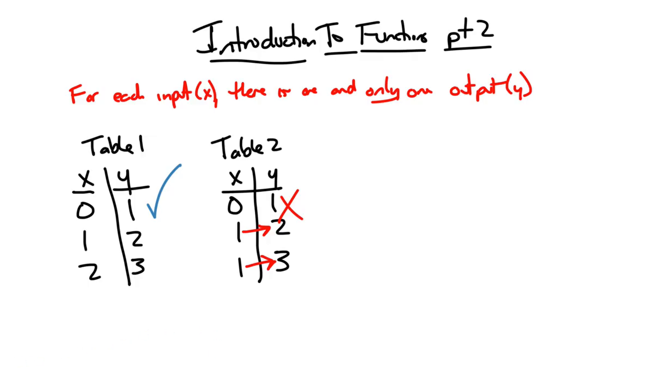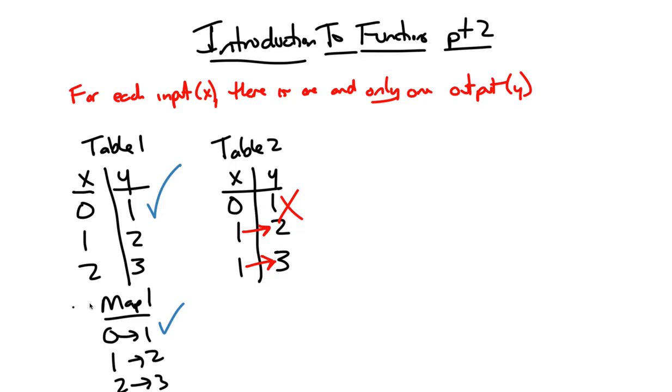Okay? We can show this same information on a map. Here's map 1, where I've got 0 goes to 1, 1 goes to 2, and 2 goes to 3. Once again, that's the same information. Yep, that's a function.